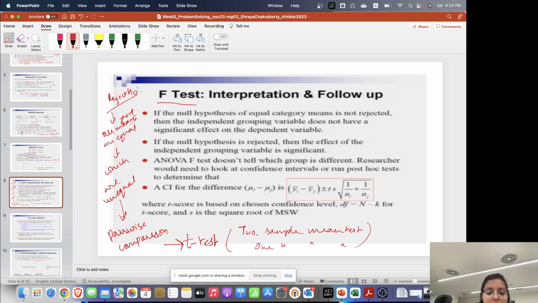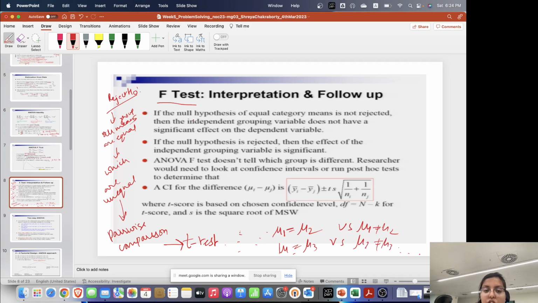Basically Student's t test, to determine if the pairwise categories are equal or not. So we are going to test mu1 equals mu2 versus mu1 not equal to mu2, again mu1 equal to mu3 versus mu1 not equal to mu3, and so on and so forth.